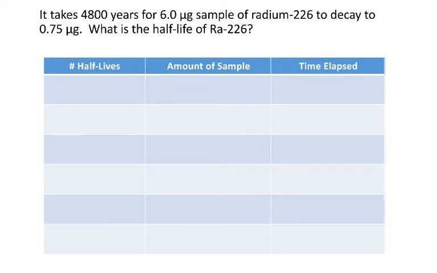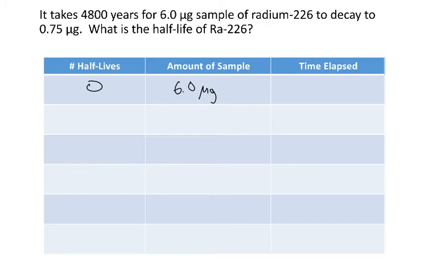All right. So now we're told that it takes 4,800 years for a 6.0 microgram sample of radium-226 to decay to 0.75 micrograms. And now we want to know, what is the half-life of radium-226? So in this problem, I'm going to do the same thing. I'm starting out with 6.0 micrograms, and that's how much I'd have after 0 half-lives.